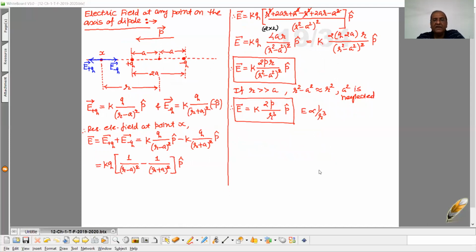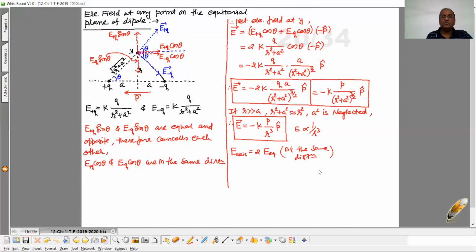It implies that if we consider 2 points, one on the axis of the dipole and another on the equatorial line of the dipole, at the same distance r, then from these equations we can say that the electric field on the axis of the dipole will be twice the electric field at any point on the equator of the dipole, for points situated at the same distance. Clear to all of you?